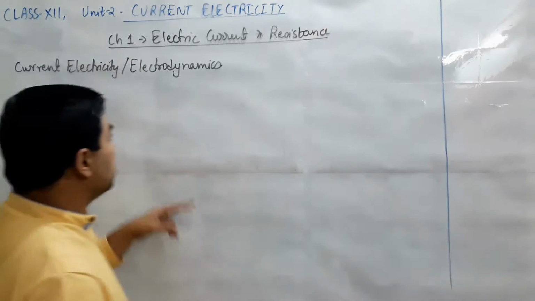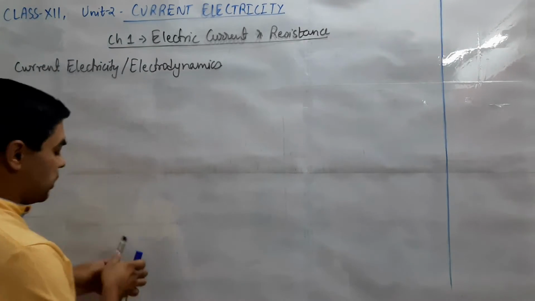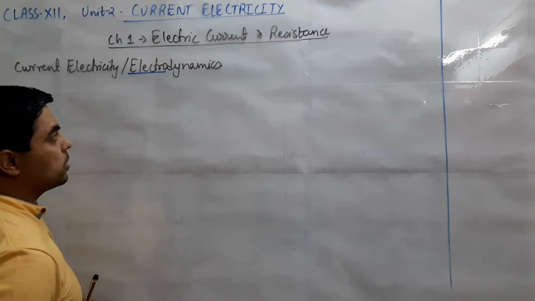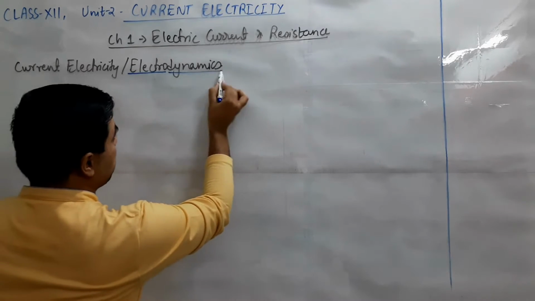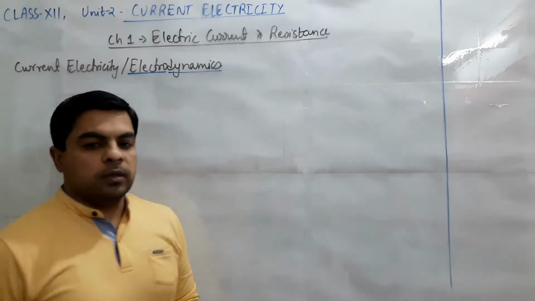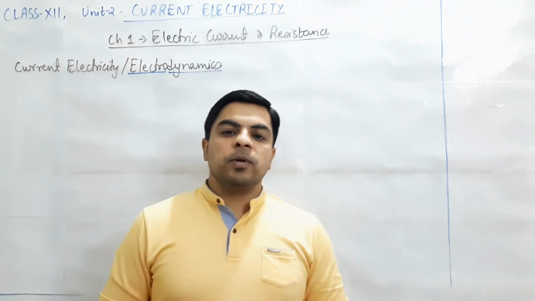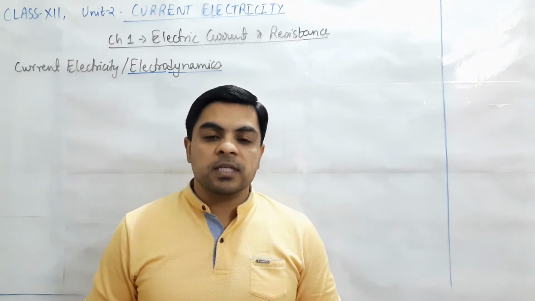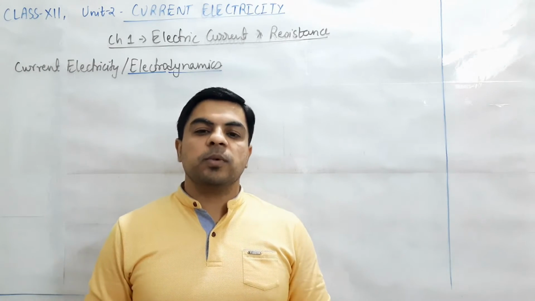So the meaning of electrodynamics is the same condition, where electro is termed for charges or electrons, and dynamic is used for motion. You must have learned the concepts of hydrostatics and hydrodynamics in the previous class, in 11th class, in properties of bulk matter.